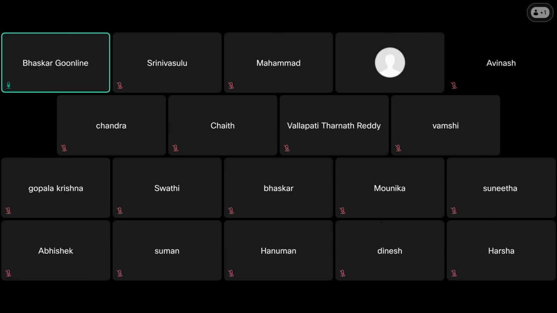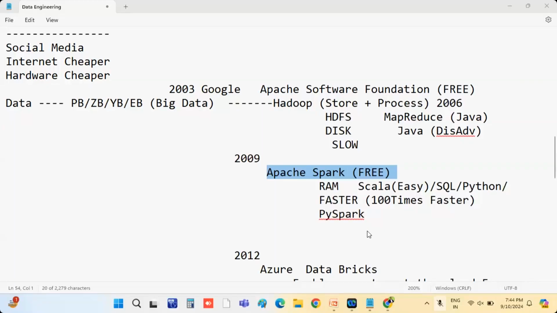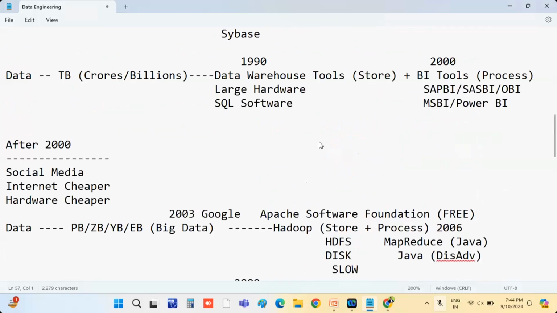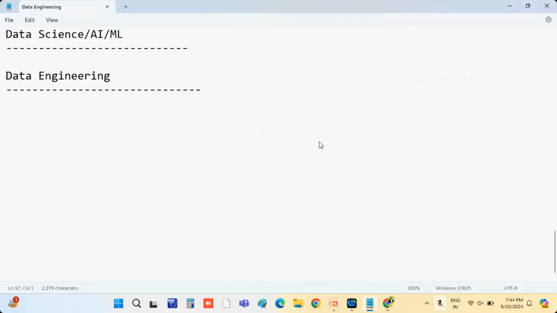So all the things we're going to be setting up with Apache Spark, whether Azure Databricks or maybe AWS Databricks. Databricks means internally we are dealing with Apache Spark only. When you have a large amount of data, these things we are going to be using. That's what you need to understand.